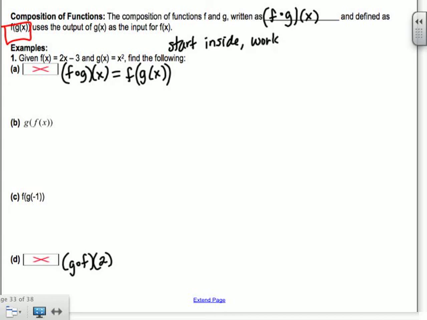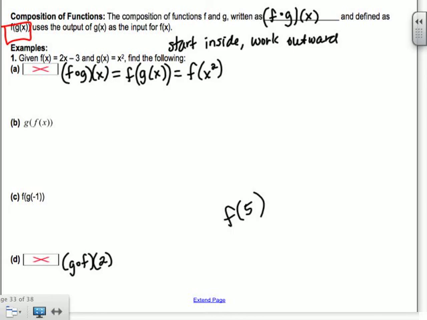And then you start from the inside and you work your way out. So start inside, work out. Okay, well, g of x is x squared. So I replace g of x with x squared, what it's equal to. So if I asked you what f of 5 was, what would you do with the 5?